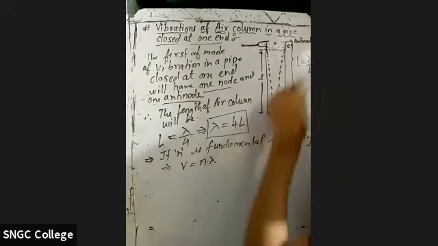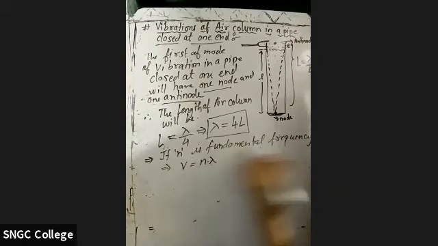Always remember this formula. The velocity of wave is given by frequency multiplied by wavelength.